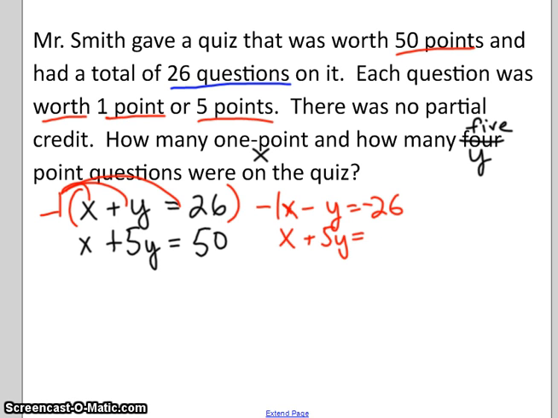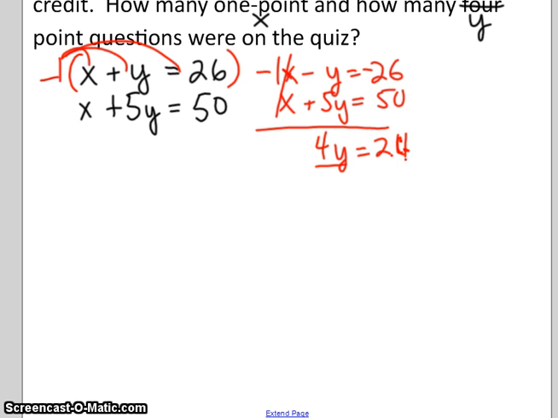Rewrite the other problem underneath. Cancel out the x's. You get 4y equals 24. Divide both sides by 4. Y equals 6.